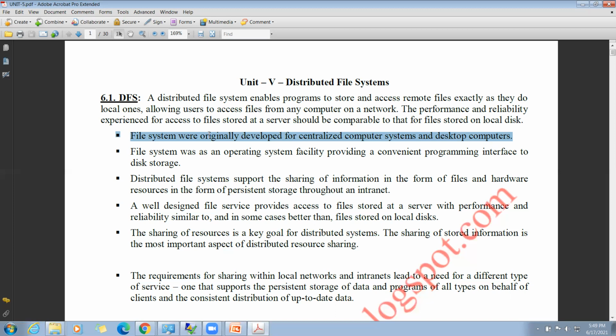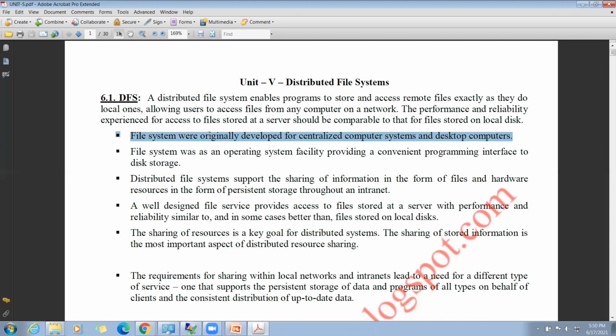The distributed file systems support the sharing of information among the networked computers in the form of files, and this is for software resources. Coming to the hardware resources, they are in the form of persistent storage throughout an intranet. That was not possible on the internet. It was possible on the intranet.